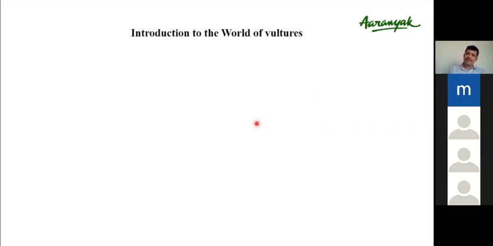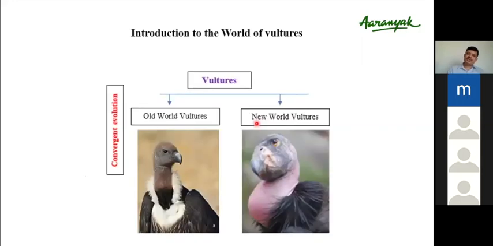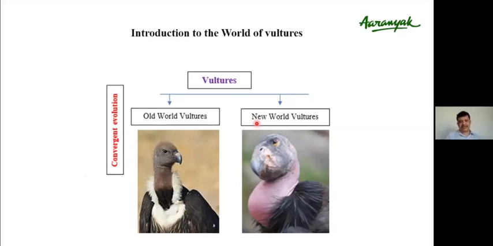Coming into the world of vultures, it is again a big group of birds. It has almost 23 species, together the Old World vultures and New World vultures. Old World vultures have 16 species found mostly in Asia, Africa, and Europe, and New World vultures are confined to the American continent.